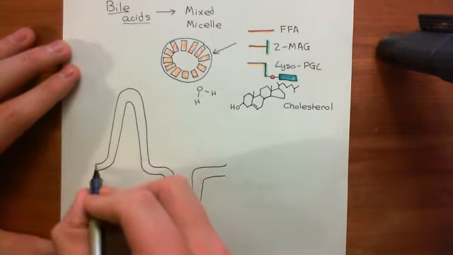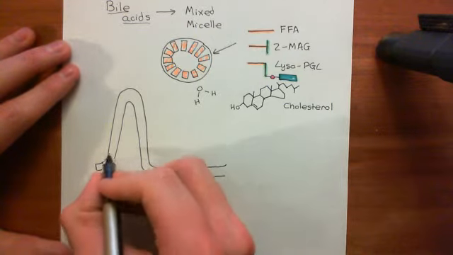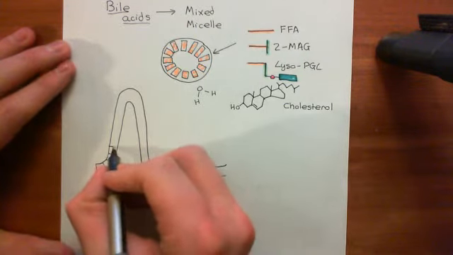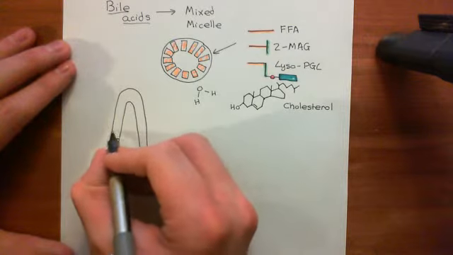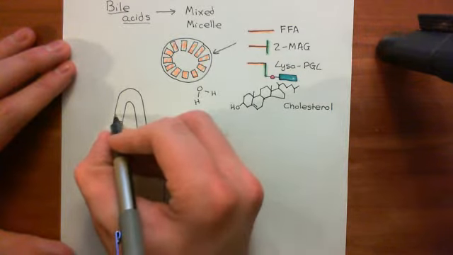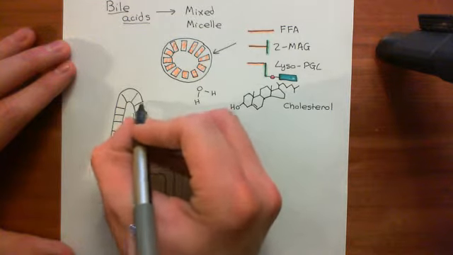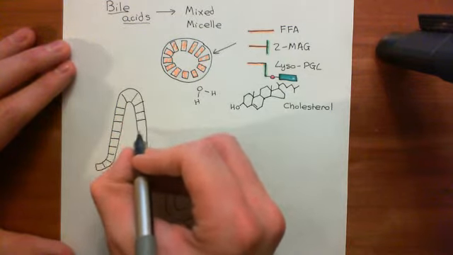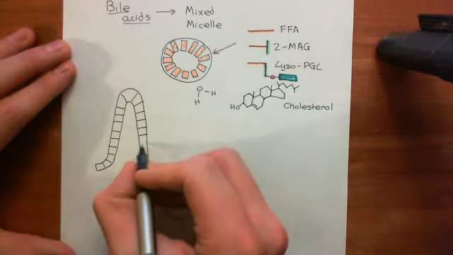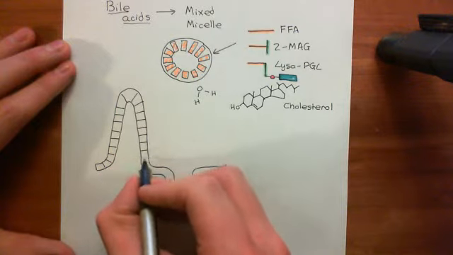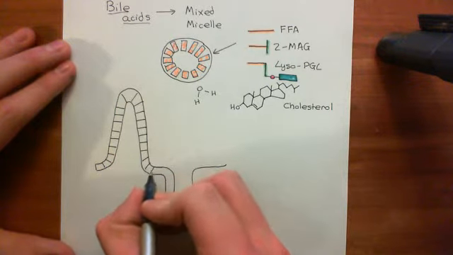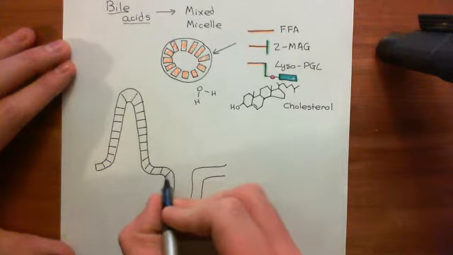So, these are the epithelial cells which line the surface of the small intestinal wall. We have epithelial cell after epithelial cell after epithelial cell. The type of epithelium lining the small intestinal wall is a simple columnar epithelium. Now, what does that mean?